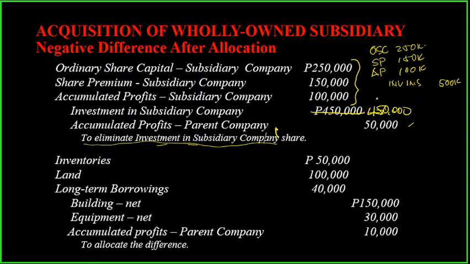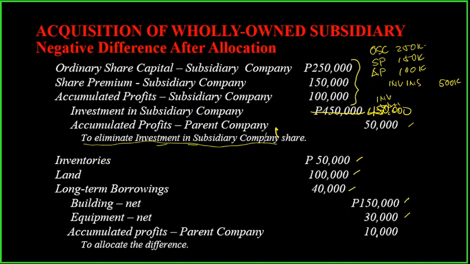Next, let's adjust the inventories. Debit to inventories, land, and long-term borrowings, credit to building and equipment. How much is that? You have 190 and 180.